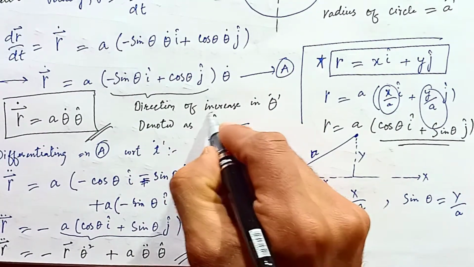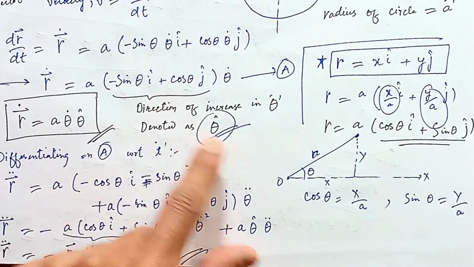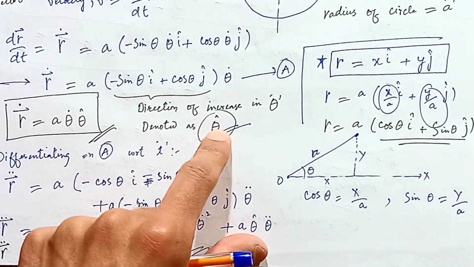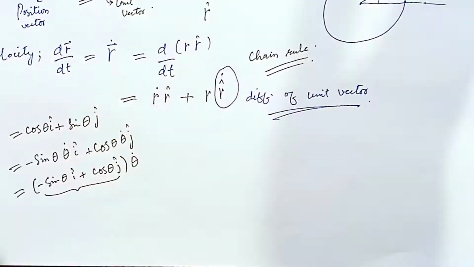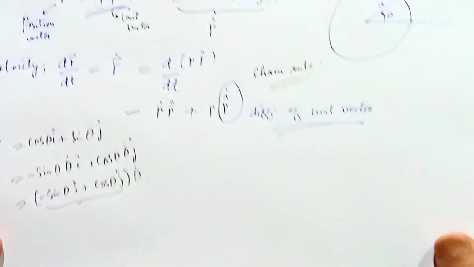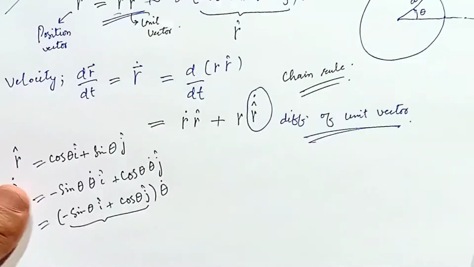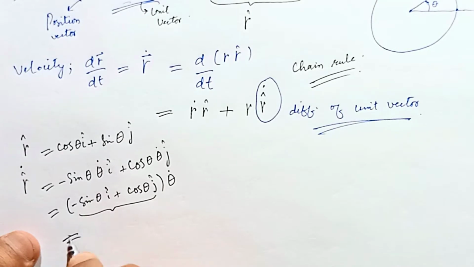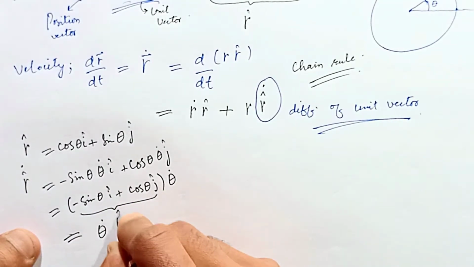This is represented here from this equation as theta hat, the unit vector along theta. So this very thing will be equal to theta dot times theta hat.